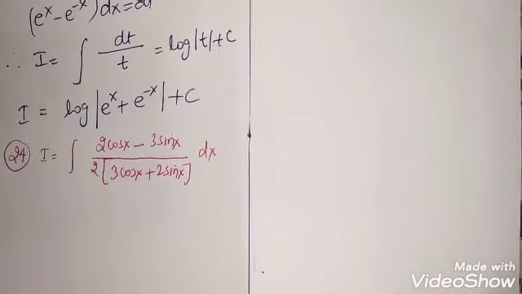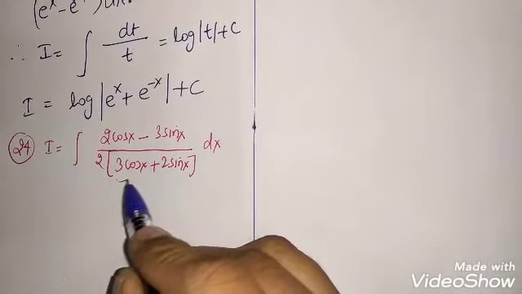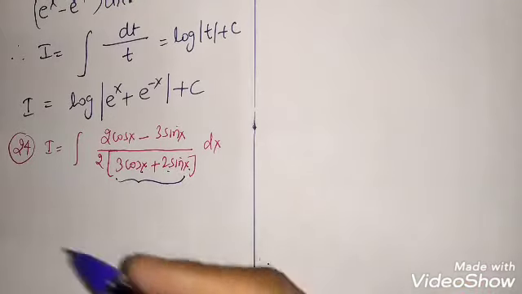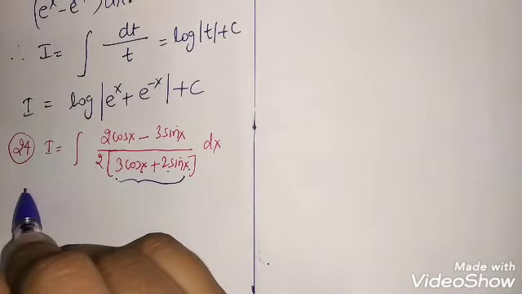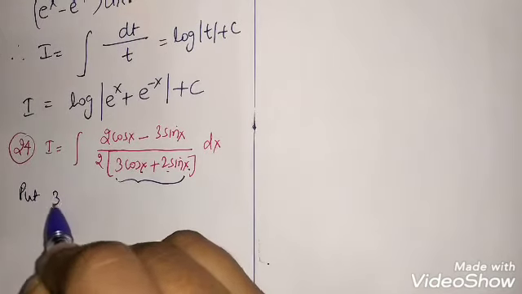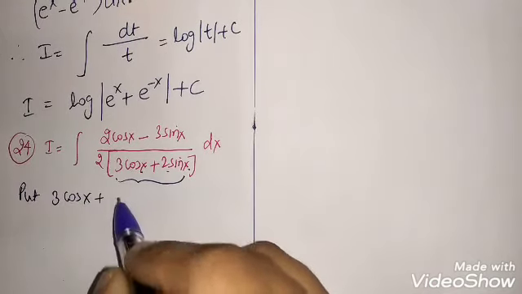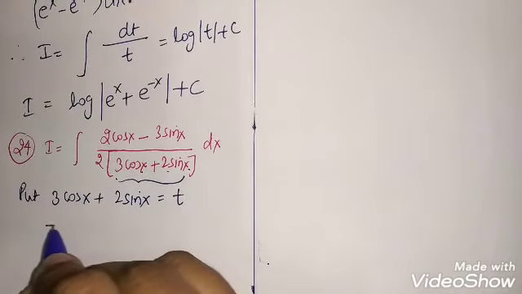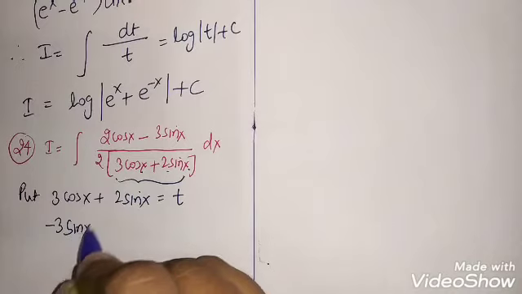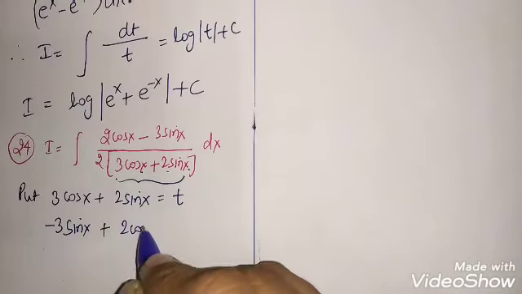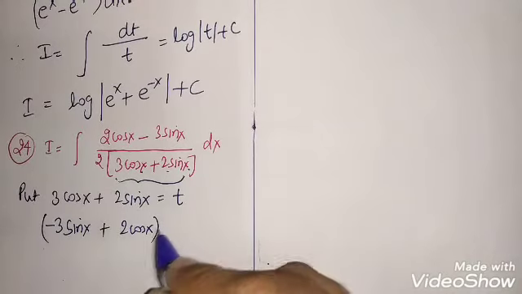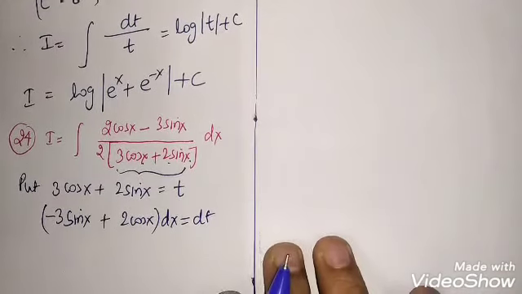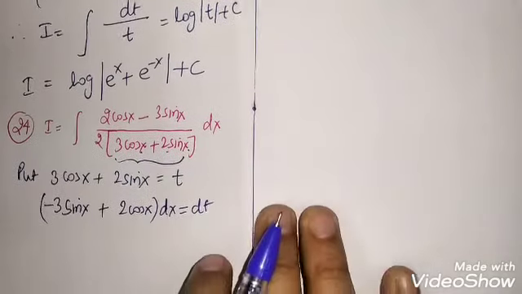See one thing, the numerator has minus 3 sin x and 2 cos x. Put 3 cos x plus 2 sin x to be t. What we have is minus 3 sin x plus 2 cos x times dx equal to dt. The whole numerator is one and the same thing.